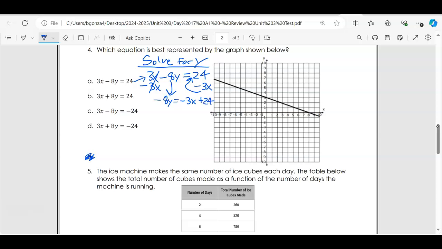Now the next step is we've got to get rid of the number in front of y, this coefficient. Remember, to get rid of it, you must divide. So to get rid of the -8, we divide by -8, divide by -8, divide by -8. So I get y equals.